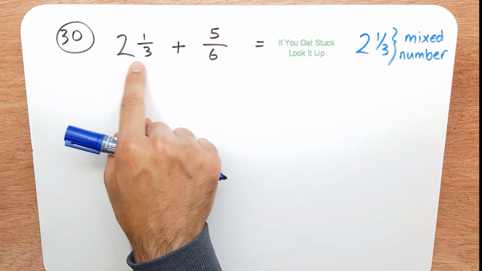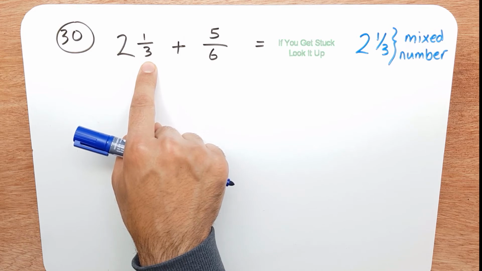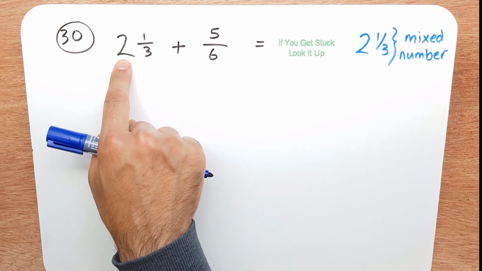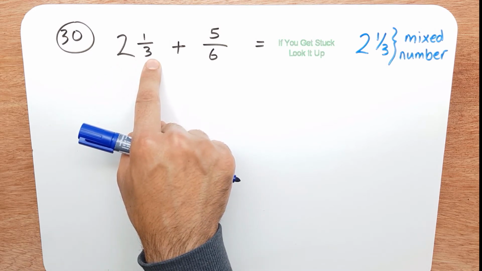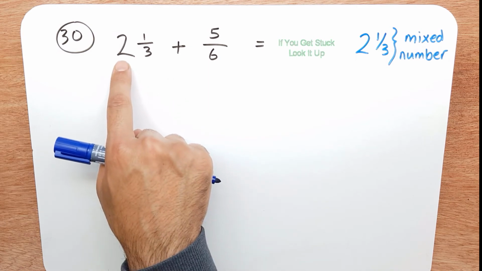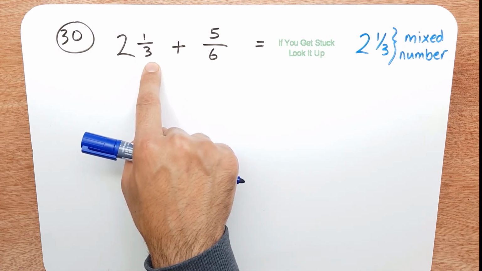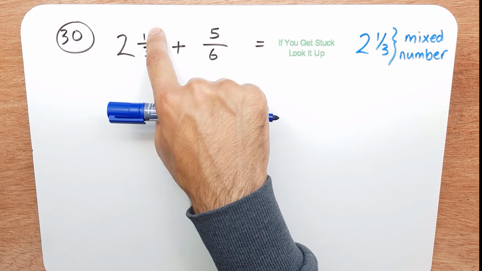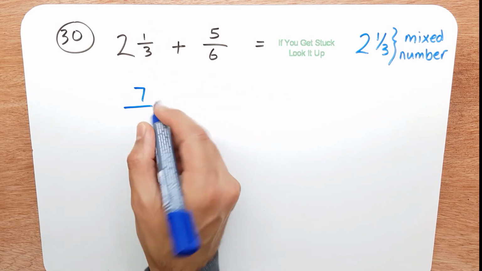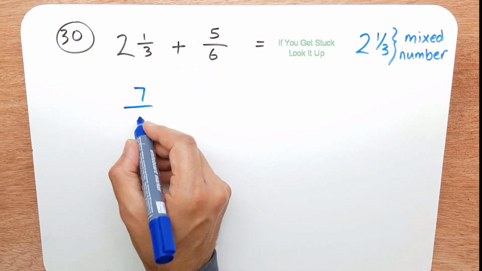We need to turn this mixed number into an improper fraction, and we simply multiply the big number by the bottom number and then add the top number. So it's 2 times 3, which is 6, add the 1, which is 7, and then we draw the fraction line and put the 3 at the bottom.